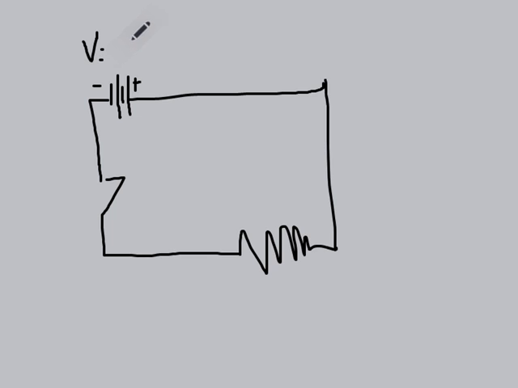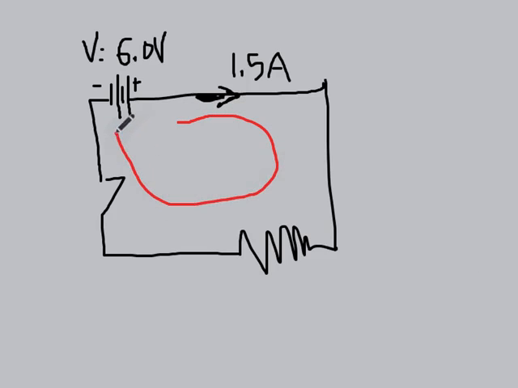Now let's assume that we have a voltage of the source here, the EMF, of 6.0 volts, and that we have here a current of 1.5 amps. And so I draw again the arrow: from the positive outside, you just go this way, and you close it.